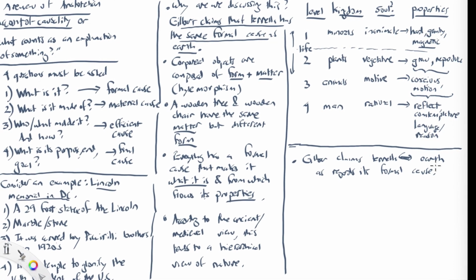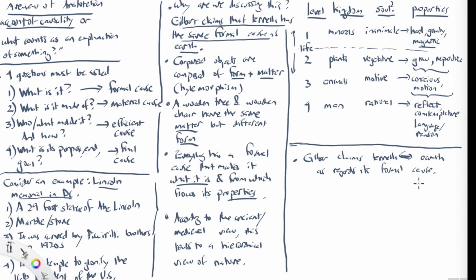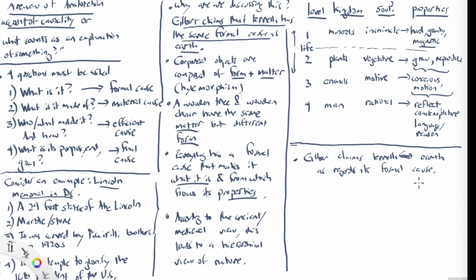Okay, so what does he mean by that? It has the same form as the Earth, the same formal cause as the Earth. Just as human beings, which have a rational soul as their form, can reproduce and create more humans that also have the same form, a rational soul, so too the Earth can transmit its form or its formal cause to rocks that are born, so to speak, from its bowels.